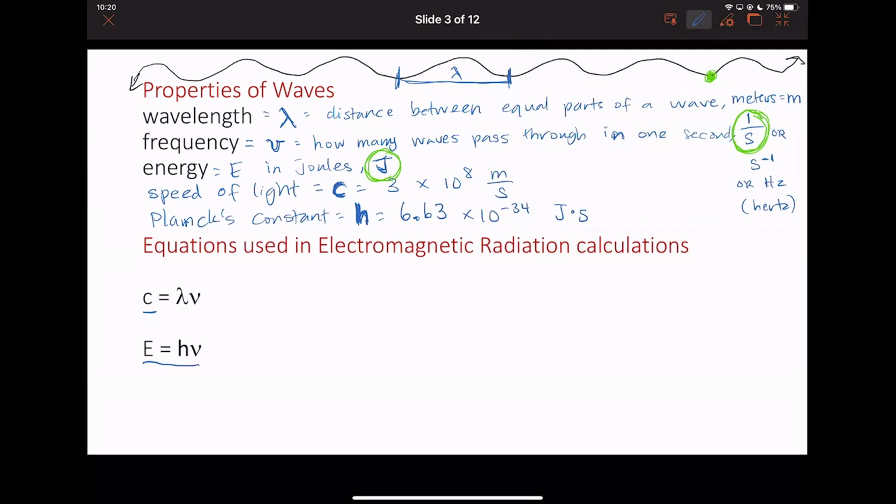When you calculate energy using this equation, it ends up being in the units of joules because of Planck's constant having joules times seconds. So the units for energy don't have to be joules. We will see in a later module that units of energy can also be calories, and that's when we're talking about nutritional energy. So we will be using joules though in this calculation.